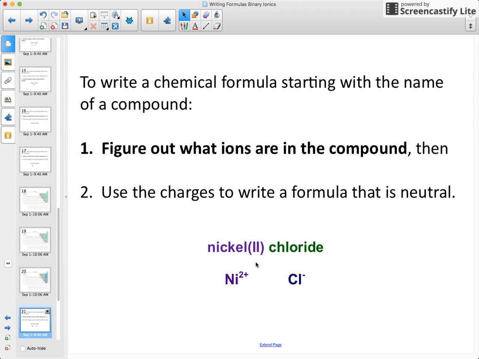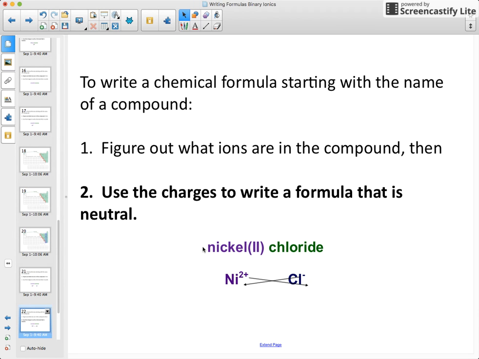And now, since we know both of our ions, we need to combine them in a way that we end up with the same number of plus charges and minus charges. Well, if every nickel ion has 2 plus charges, we're going to need 2 chloride ions, each of which has 1 minus charge, to get the same number of minus charges as plus charges.